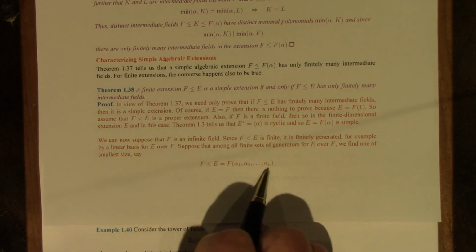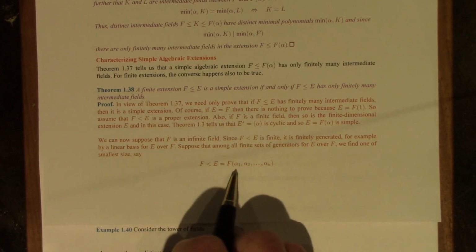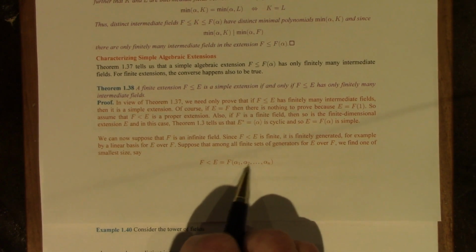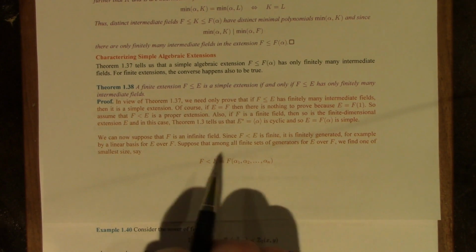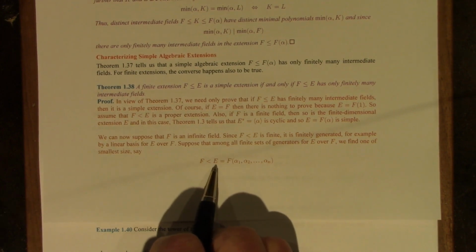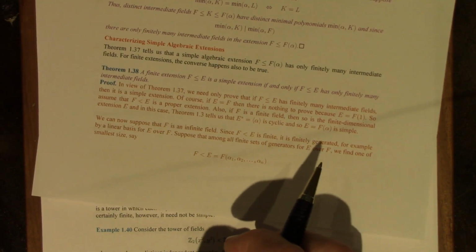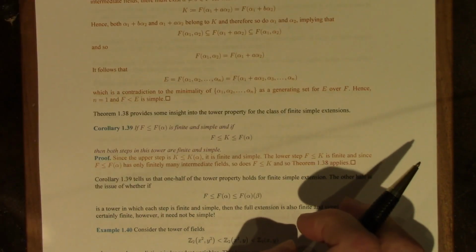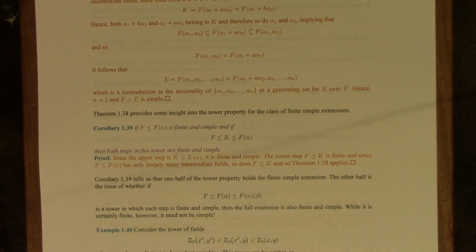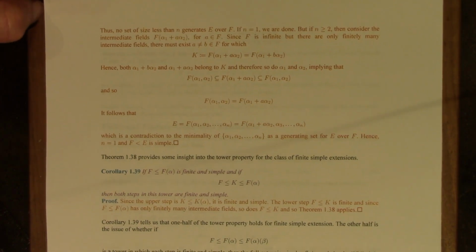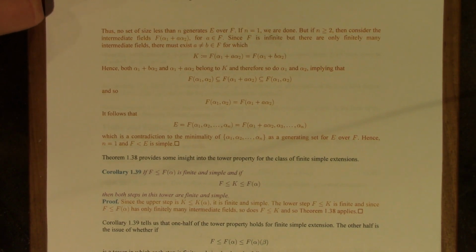And let's say that's alpha 1 through alpha n. So E is F with alpha 1 through alpha n adjoined, but if we remove any of the alphas, then the resulting field here is a proper subfield of E. So no set of size less than n generates E over F.